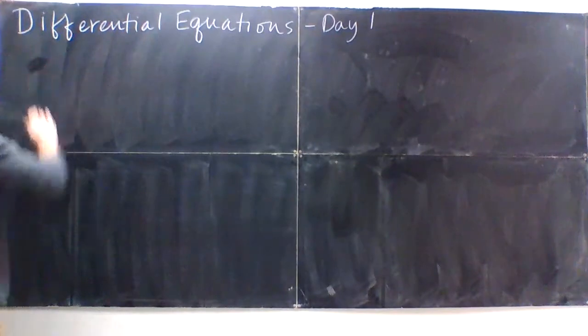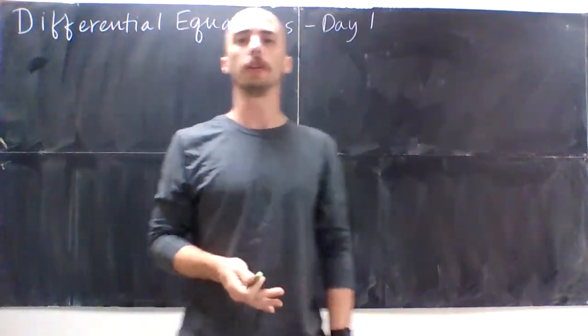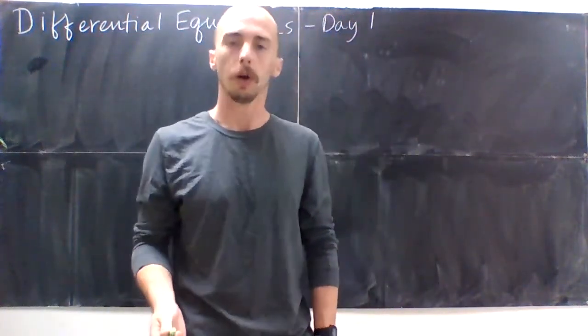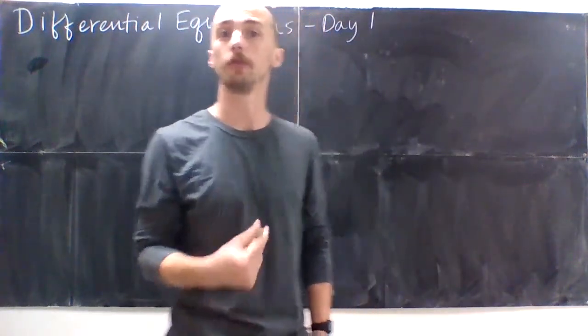I think where I'm assuming you're at is that you know that a differential equation is an equation that gives you a derivative, or an equation that relates in some way to a rate of change.